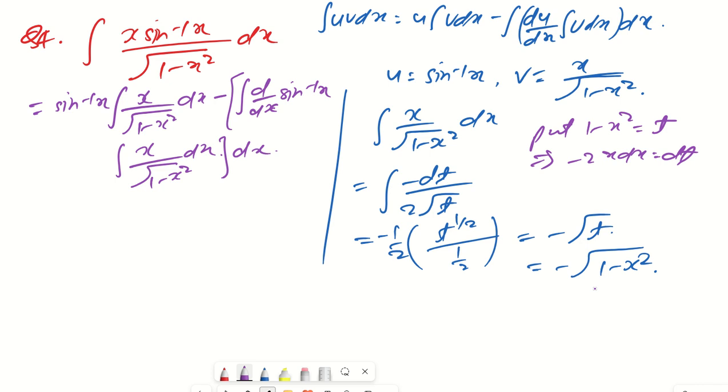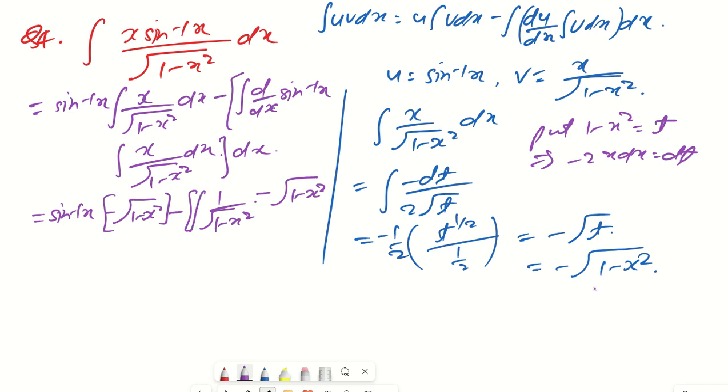Okay, so we are going to get the first term as sine inverse x times the integration that we just found, minus square root of 1 minus x square, minus the integration of this whole thing. So the differentiation of sine inverse is 1 by root under 1 minus x square, times the integration of this, which was minus root under 1 minus x square, and then dx, right?